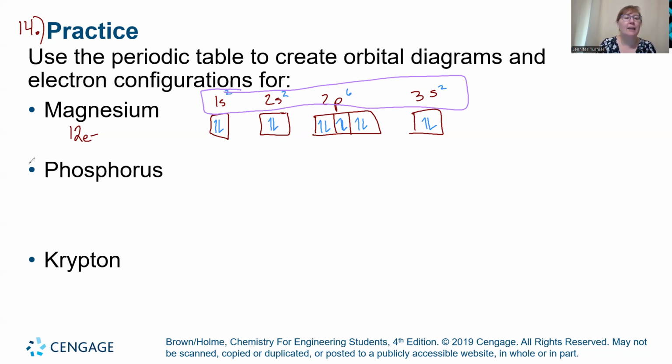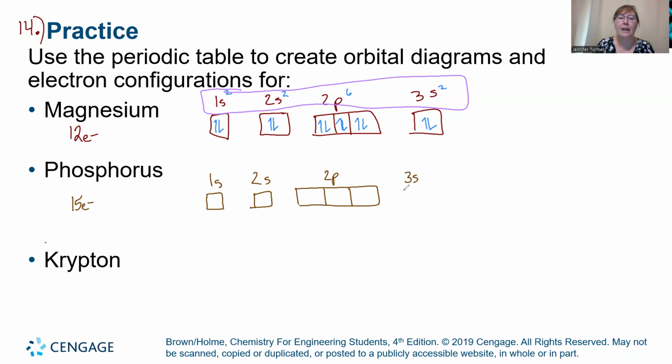Okay, so now let's take a look at phosphorus. Phosphorus has 15 electrons. So I'm going to say, okay, now we have 1s, and that's got 2, and 2s will have 2. And then next across the periodic table, we have our 2p orbitals, and then we will have our 3s orbitals and our 3p orbitals.